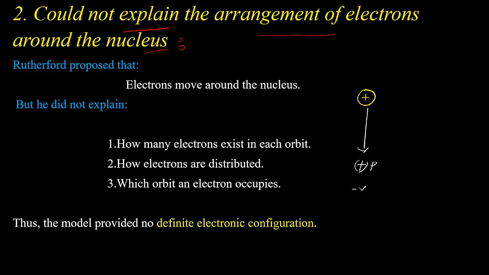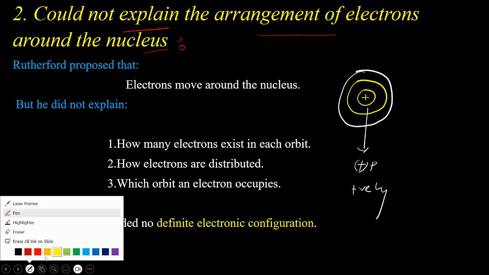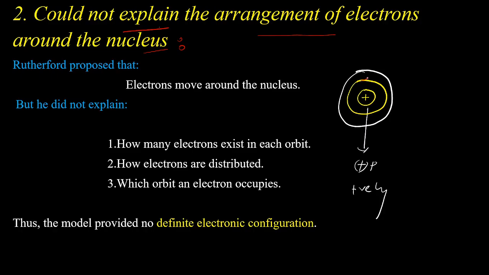That's why it is a positively charged center, and an electronic region where all the electrons stay and rotate around the nucleus in any circular path, right?